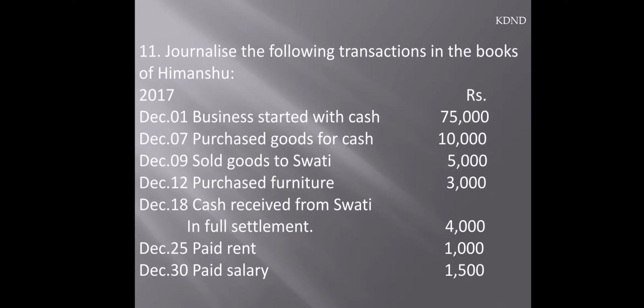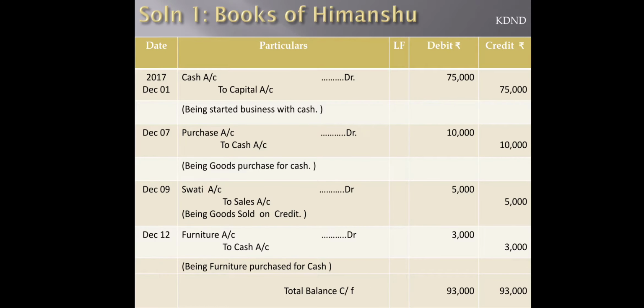Very next comes purchase furniture. Now on December 12 we have purchase of furniture. Furniture is our asset. So when there is a purchase or sale of an asset, you have to mention the name of the asset that is sold or purchased. So here furniture comes in and cash goes out. So furniture account debit to cash account.